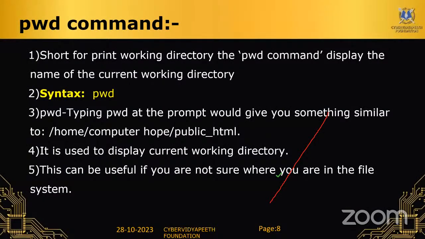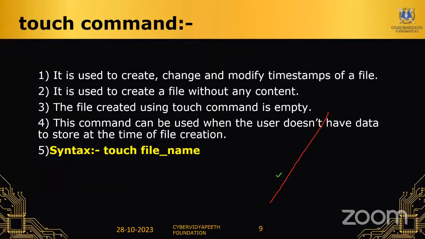Moving on. Next, we have the touch command. The touch command is used to create an empty file. So let's suppose we don't have any data to store in a file. We can create an empty file using the touch command.